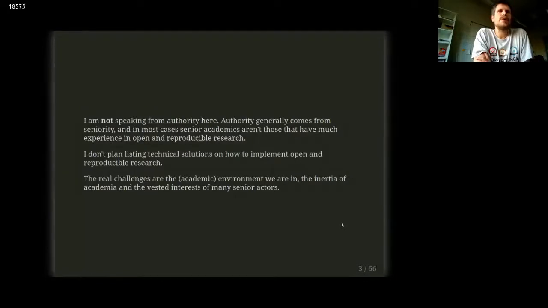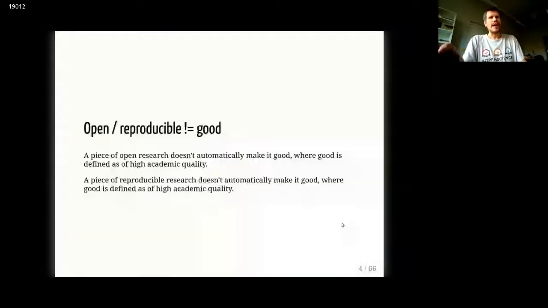But I'm not going to talk about technical solutions because I think that the real challenges are very different. The real challenges are this environment we are evolving in, the inertia of academia, and the vested interests of many senior actors. So let me start with a couple of points that I think need to be extremely clear from the very beginning.